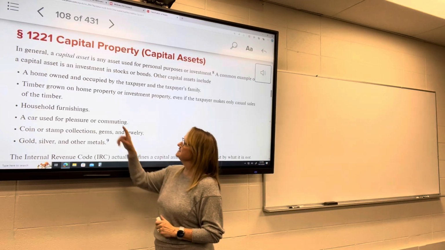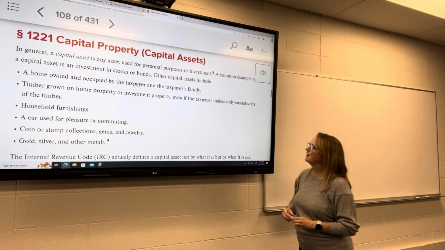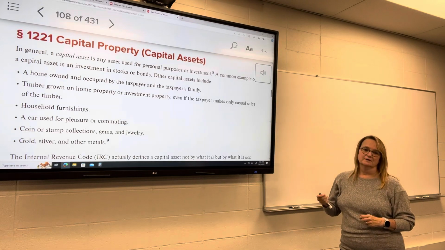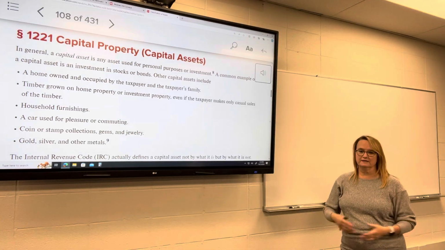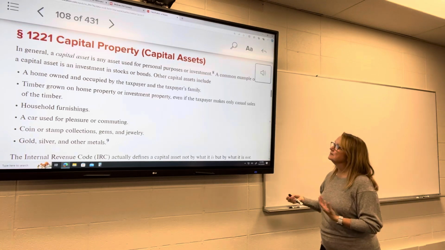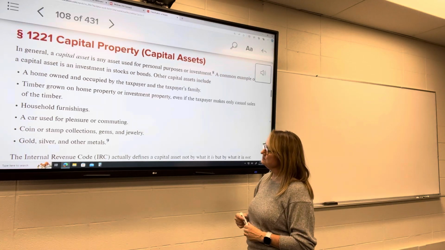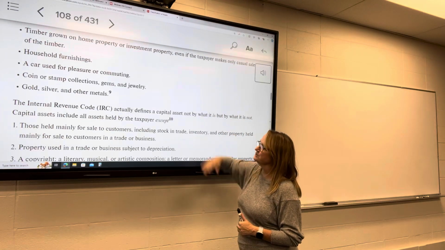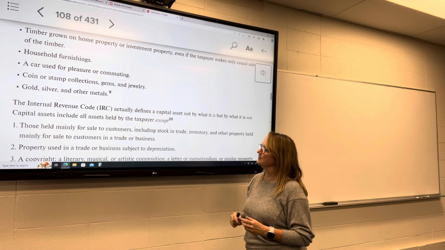Timber grown on your home property or investment property, even if the taxpayer makes only casual sales of the timber. So if you're selling like fireplace wood and that sort of thing. Household furnishings, a car used for pleasure or commuting, coin or stamp collections, gold, silver, and other metals.